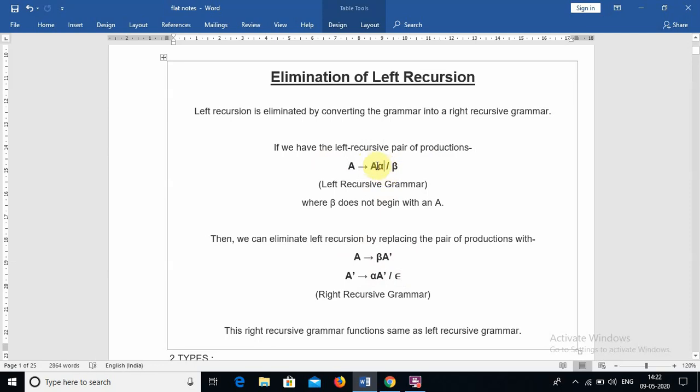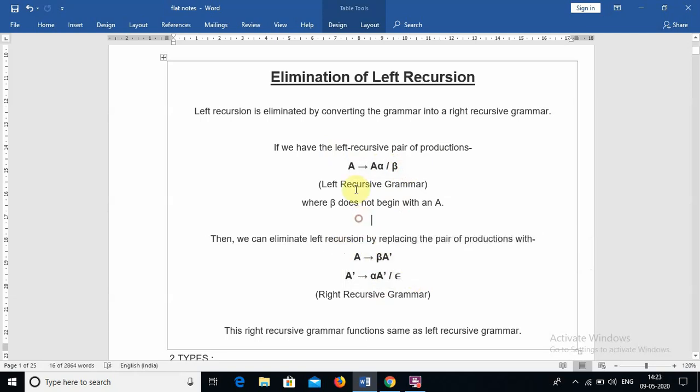A to A alpha slash beta can be rewritten as A to beta A1. A1 is a new non-terminal here. So now what is A1? With the alpha, we can add A1 here. This production can be split into two parts.